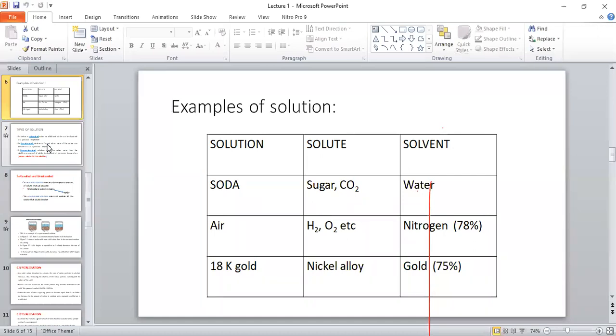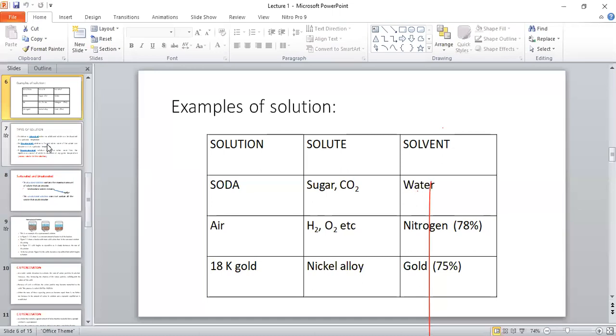In this case, the solutes are sugar and carbon dioxide, and the solvent is water. You can see clearly that in that soda, water is the major component. That is the solvent. Other components just dissolve in it. That is a liquid solution.